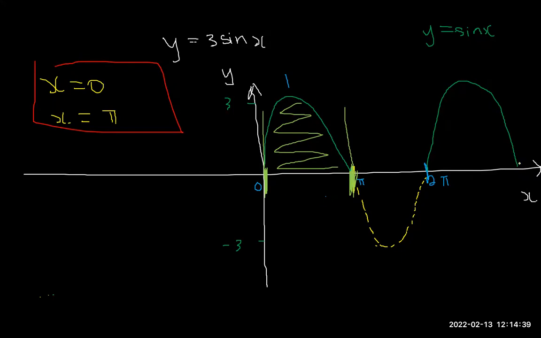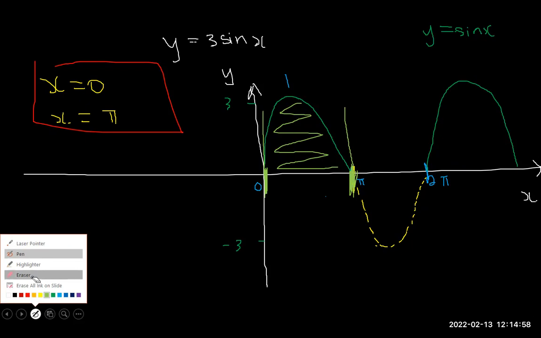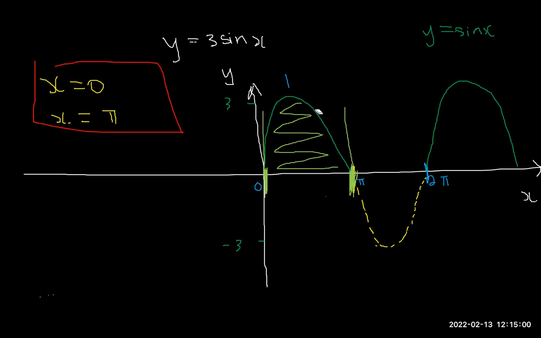Let's not go through that. Like I said, you could have used 2 pi and whatever this value is, or just use 0 and pi. So those are your two boundaries: x equals 0, x equals pi. That's what we're using.